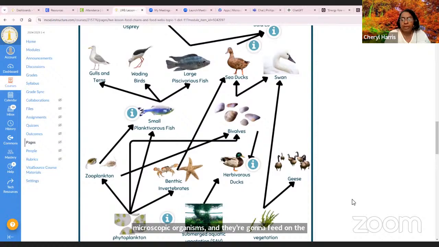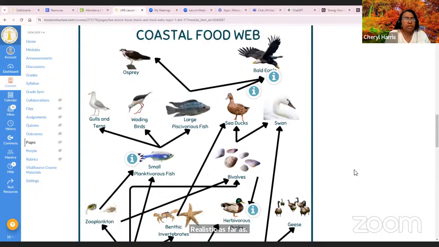Okay, so again, looking at this diagram, it looks very complex, but this is more realistic as far as what a coastal ecosystem is like. So not only are we looking at who's in the water, we're also looking at the birds that are feeding off of the things in the water.